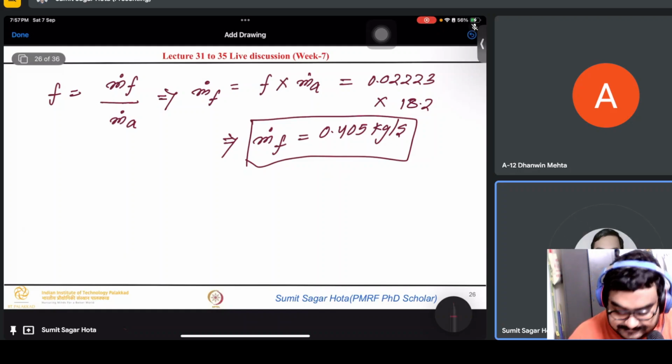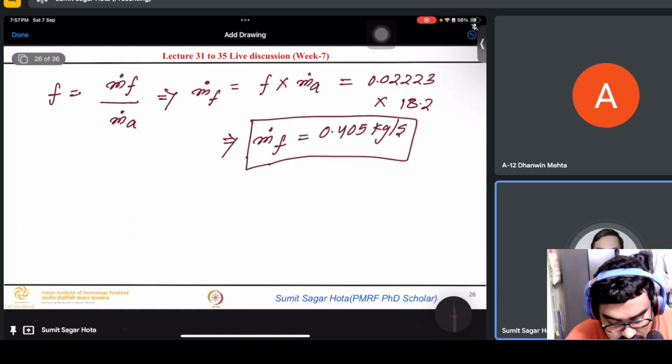Okay, so what is the formula for turbine work?